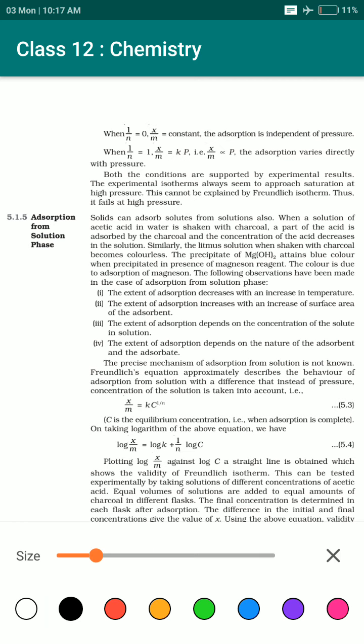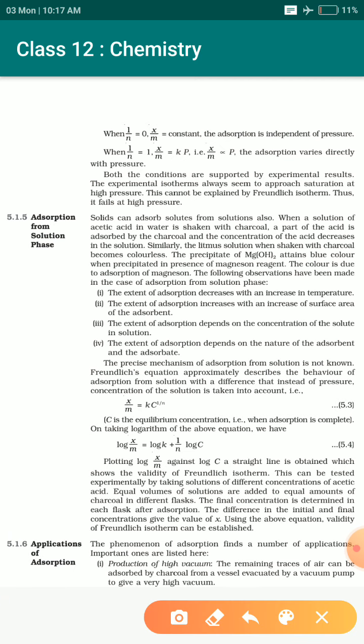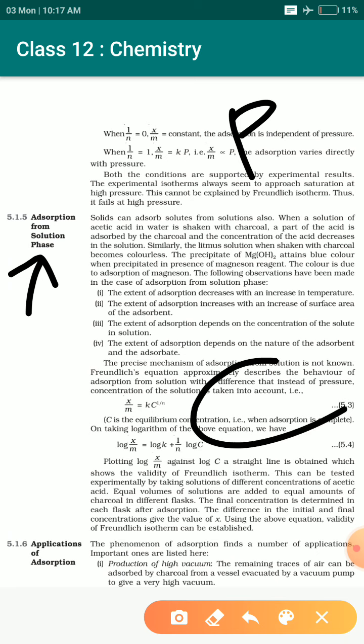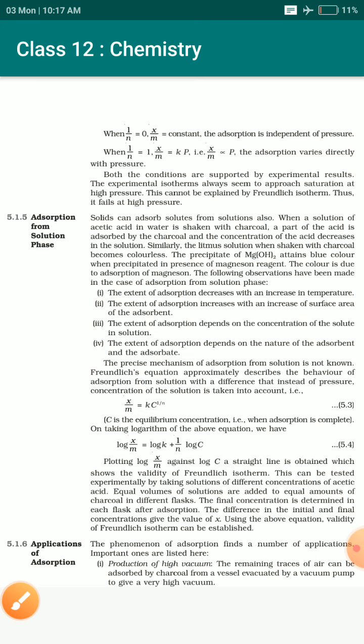The same equation is used, just a small change where you will find capital C here, because we are discussing a solution. So the equilibrium concentration is the primary concept to be taken into account, because in that scenario we took pressure, here we will take the equilibrium concentration.